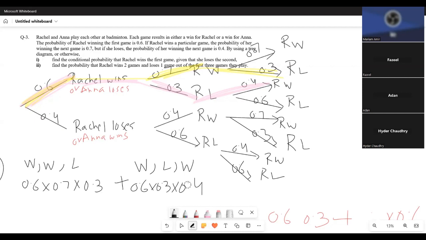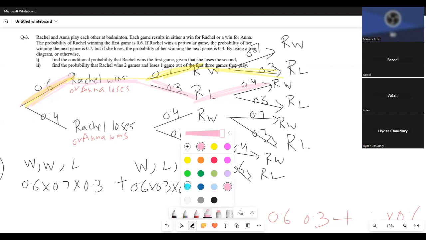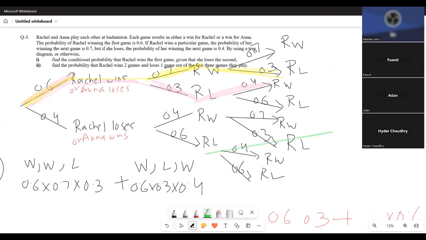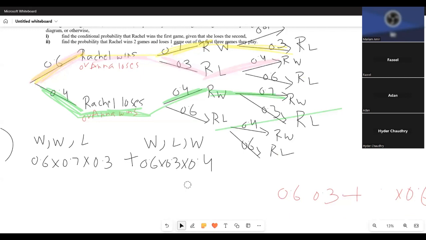ओके. और फिर हमने करना है कि विन करेगी फिर विन करेगी और एक दफा लूज करेगी. तो यहाँ अगर लूज कर दिया the next time 2 times she should win. So from here we go here and from here we go here. So lose win win is also a case. So यहाँ कर लें प्लस lose win win.